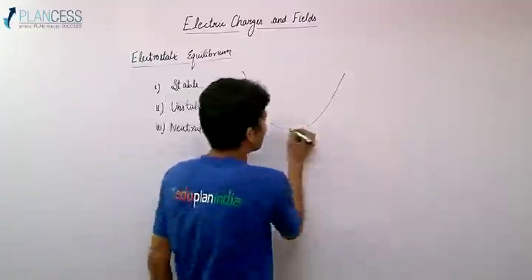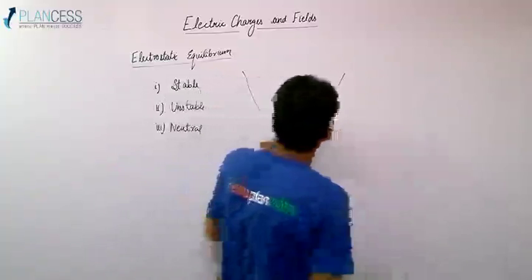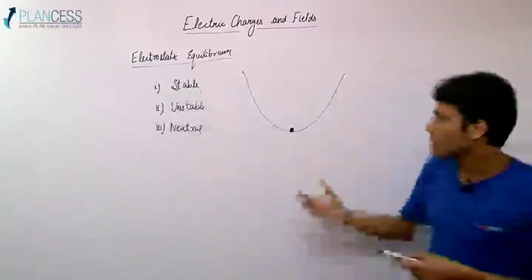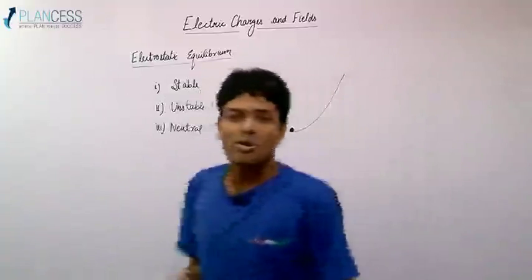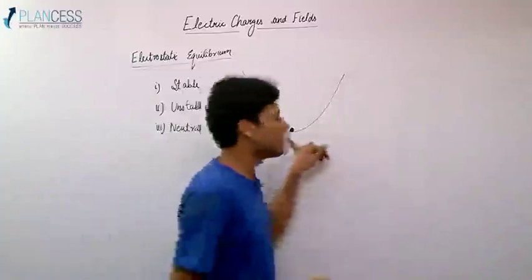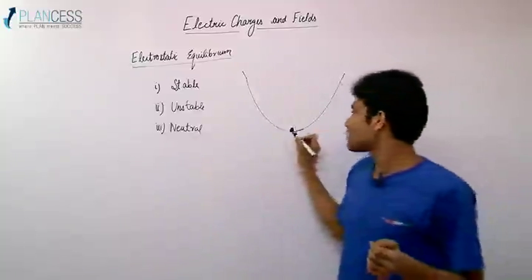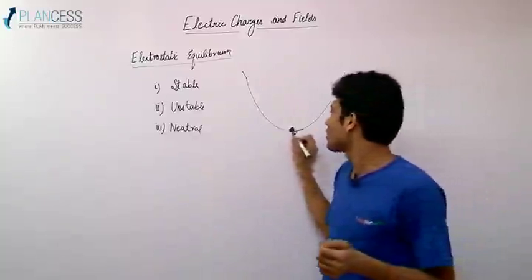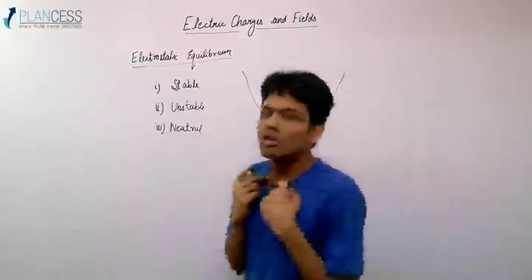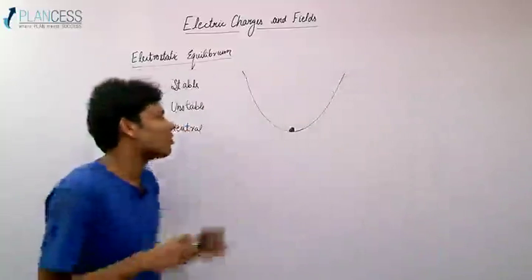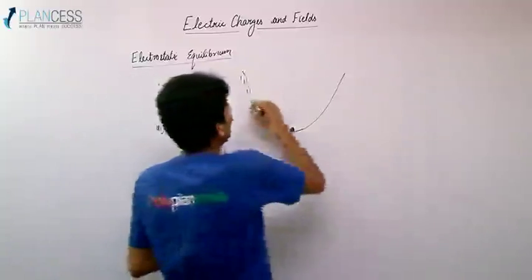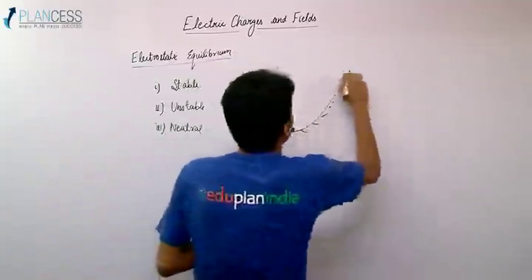If a ball is kept here, you can imagine that everything is at rest. So the total amount of force exerted on this small mass, or small bead, is equal to 0. So this is a state of equilibrium for the small bead, and this whole thing is static, it can't be moved.